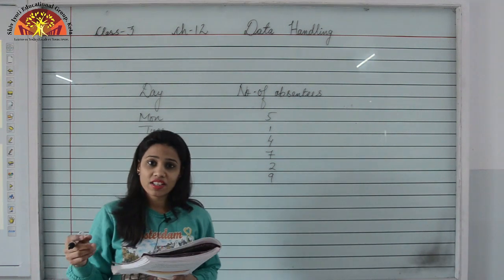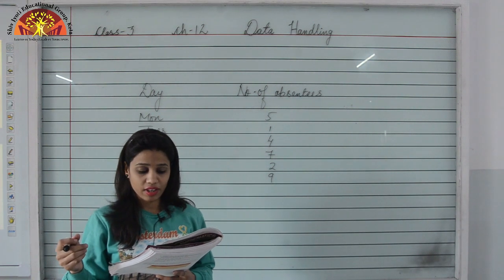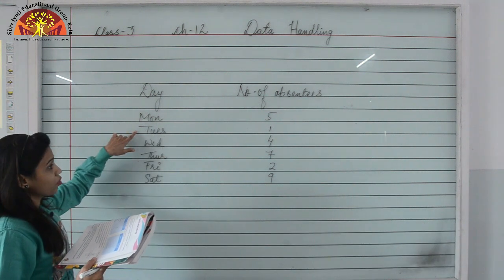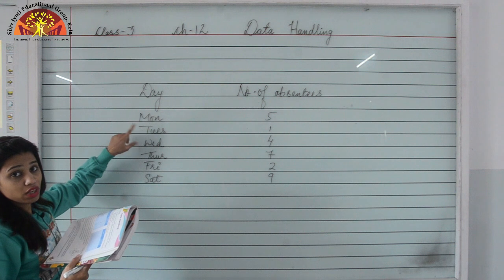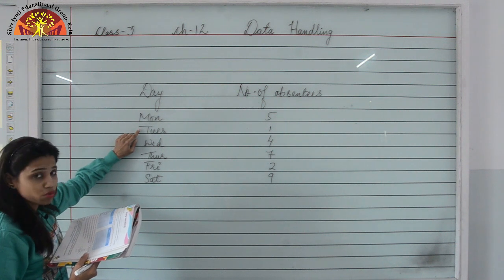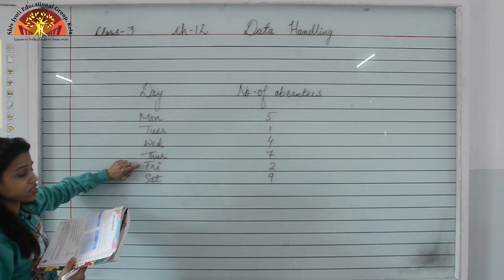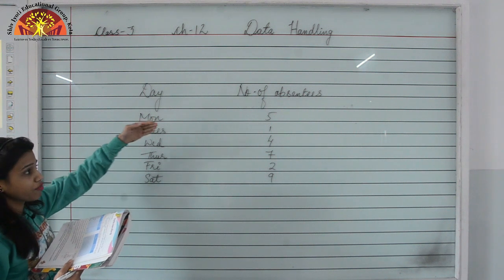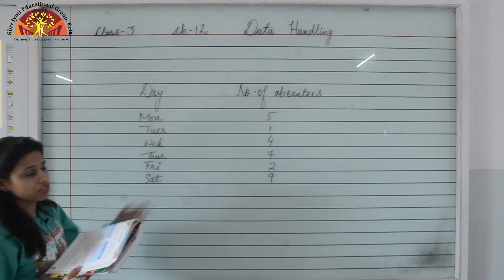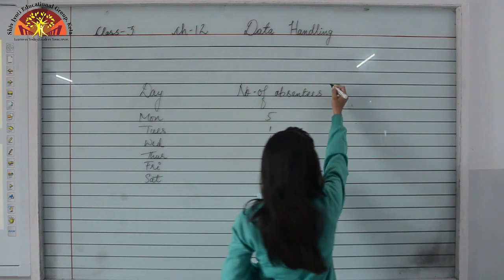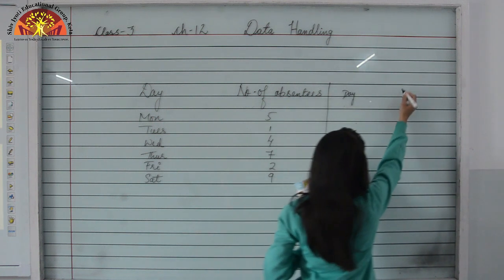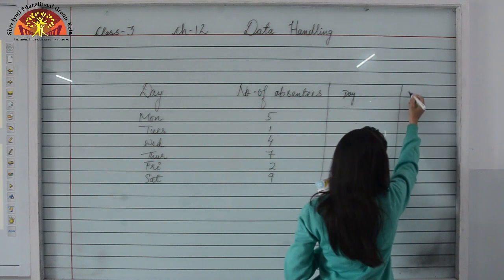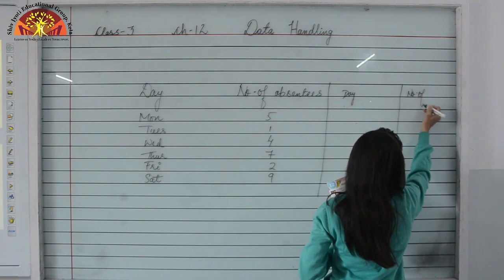We need to arrange this information in an increasing order. That means less number of students are absent on Tuesday. That means only one student is absent on Tuesday. After this, 2 students are absent on Friday. So if I am arranging it in increasing order, then I will write this is day and this is number of absentees.